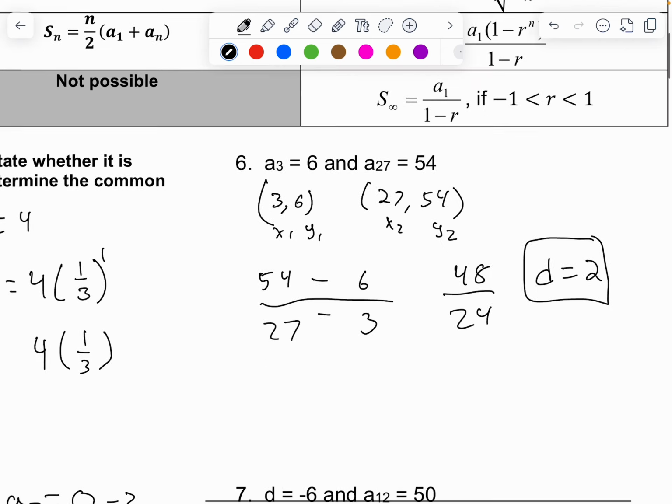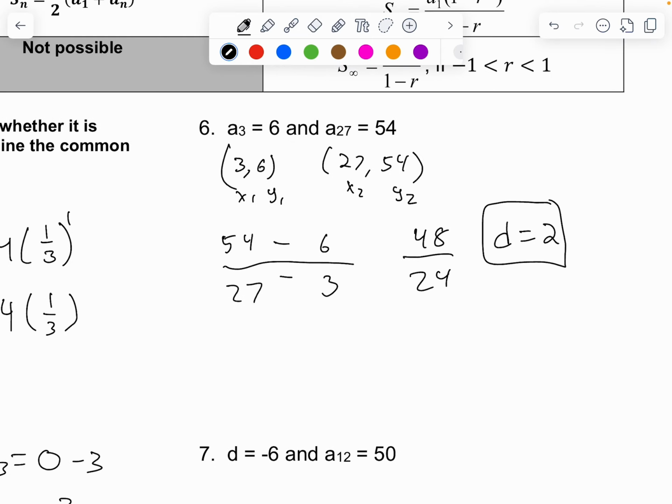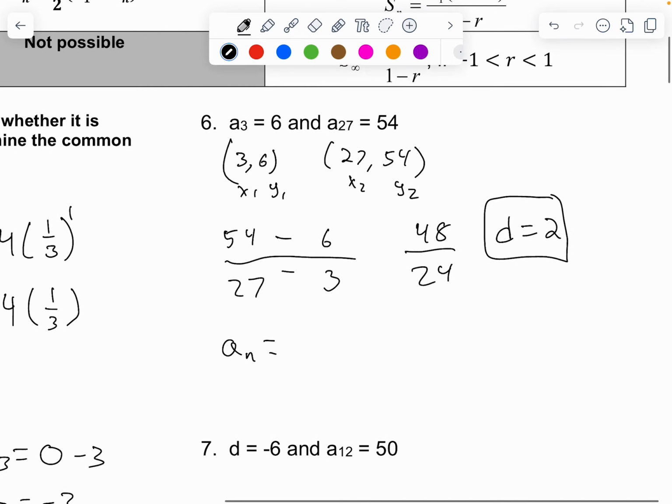Now that I know what my common difference is, I can plug that in. I can use either one of these in my explicit formula. So any number term I'm looking for is going to be equal to, I'm going to use, I'll highlight A3, the value that I'm working with plus n minus 3 because this is my third term, times 2.